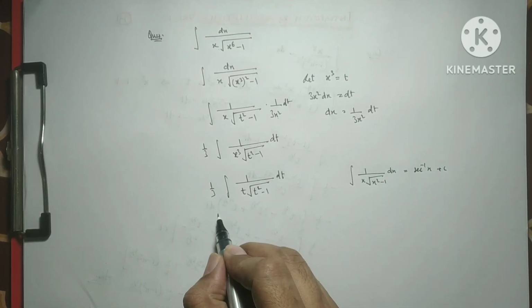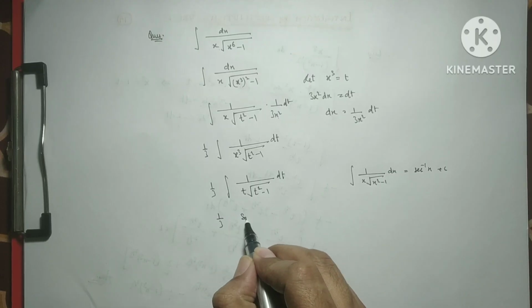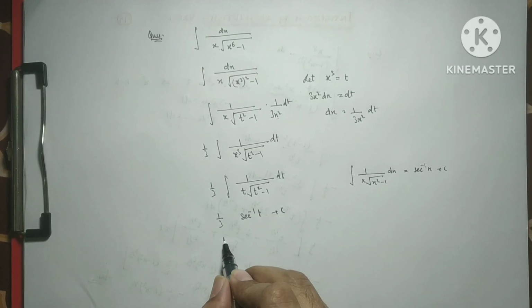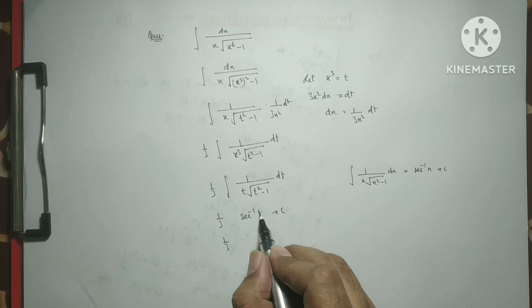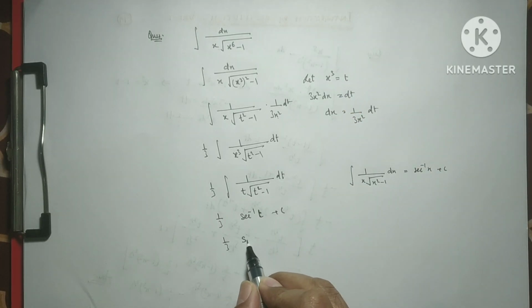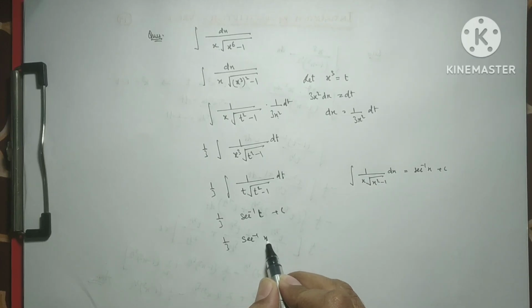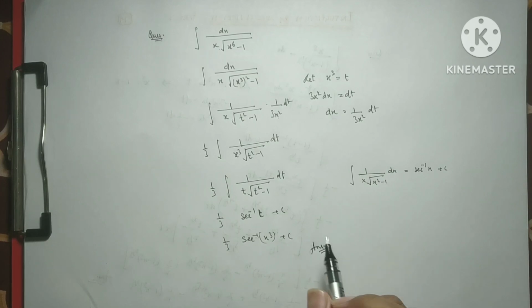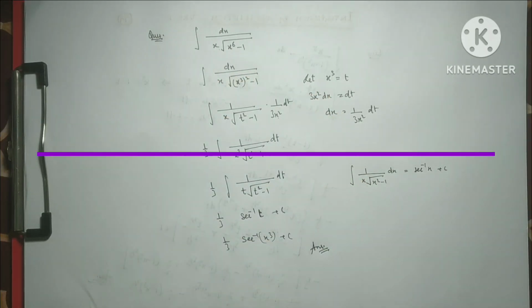So we put sec inverse t plus c, and after this integration we put the value of t, that becomes sec inverse of x cube plus c. So this is the integration of this expression.